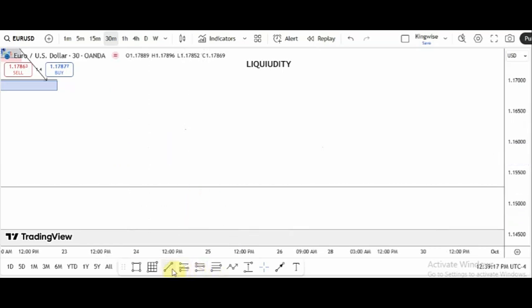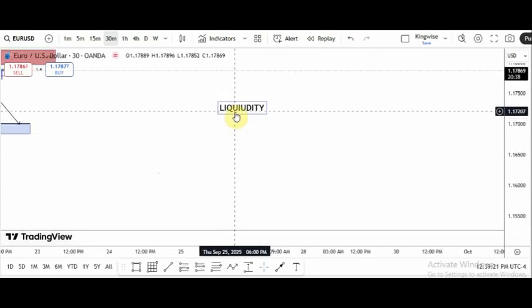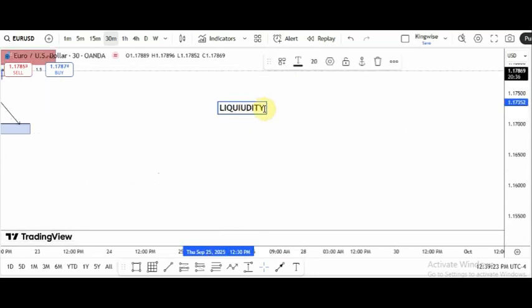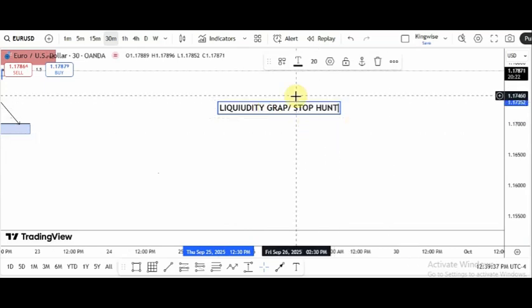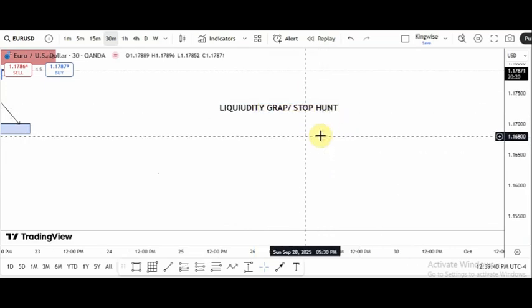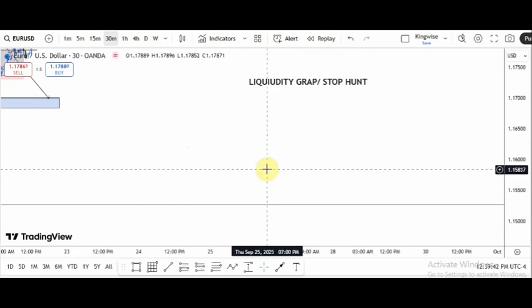We call that liquidity grab or stop hunt. Liquidity grab or stop hunt. The knowledge of this will help you to know that the market makers want to hunt your stop loss. That's why we call it stop hunt. They want to hunt your stop loss.